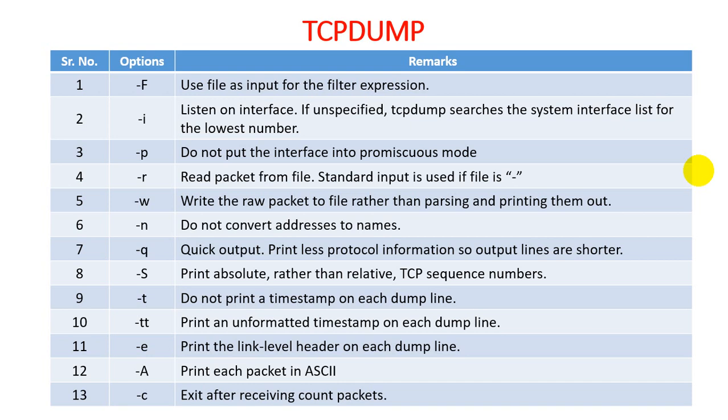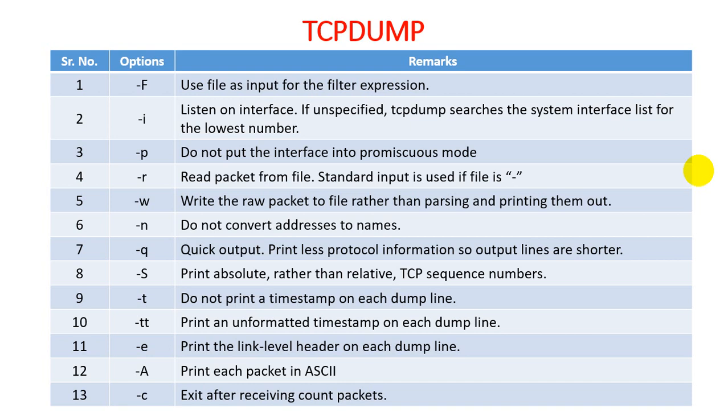So start with -F: use a file as input for the filter expressions. It means if you want to filter a particular file with particular security criteria, or a protocol, or a condition, at that time we use -F.